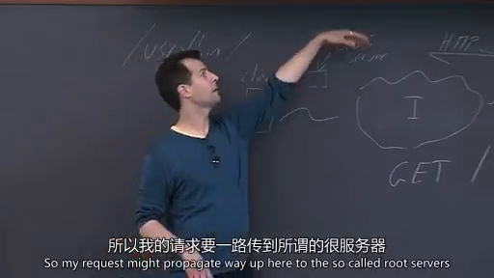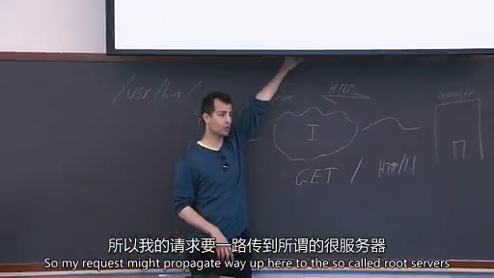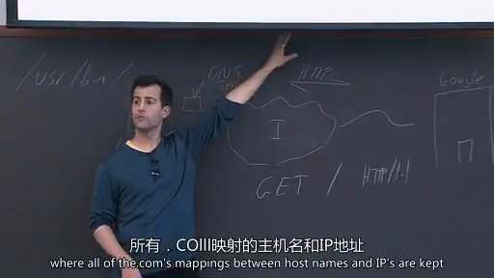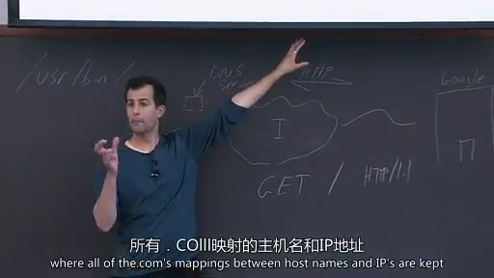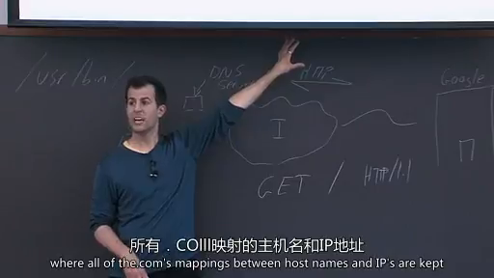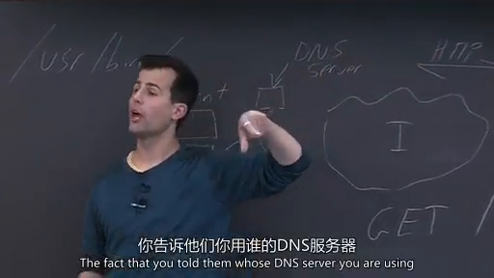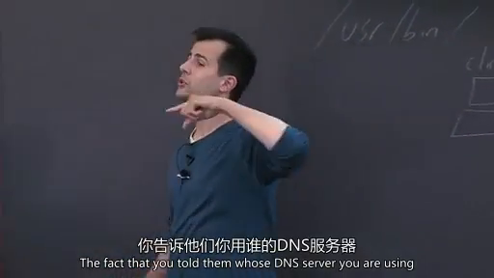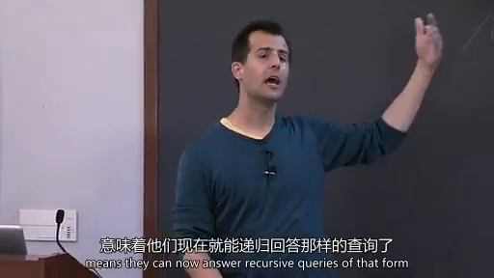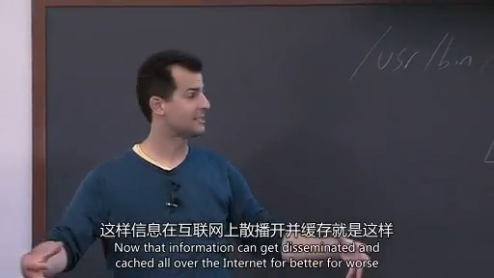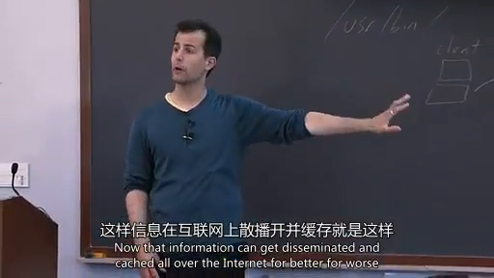So my request might propagate way up here to the so-called root servers, but those root servers do know who knows where all of the .coms mappings between host names and IPs are kept, and that's what your registrar just did for you. The fact that you told them whose DNS servers you are using means they can now answer recursive queries of that form. And now that information can get disseminated and cached all over the internet, for better or for worse.